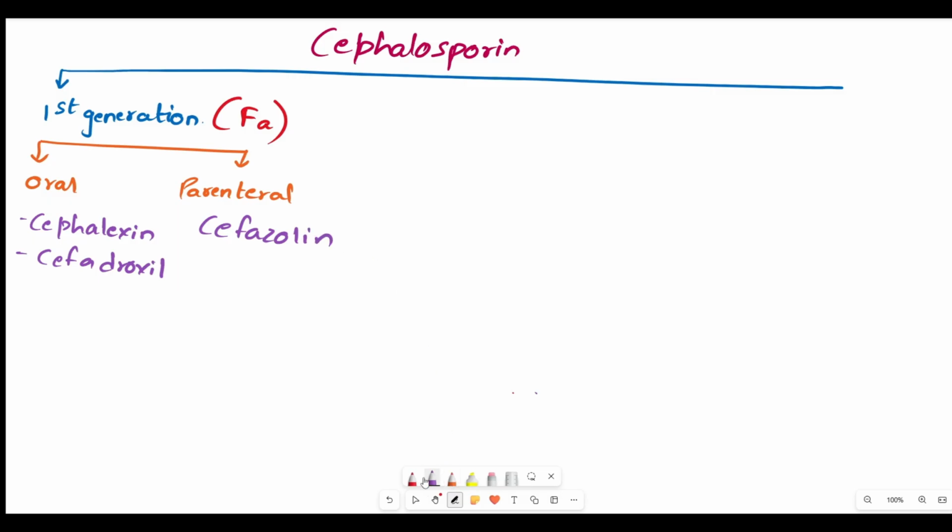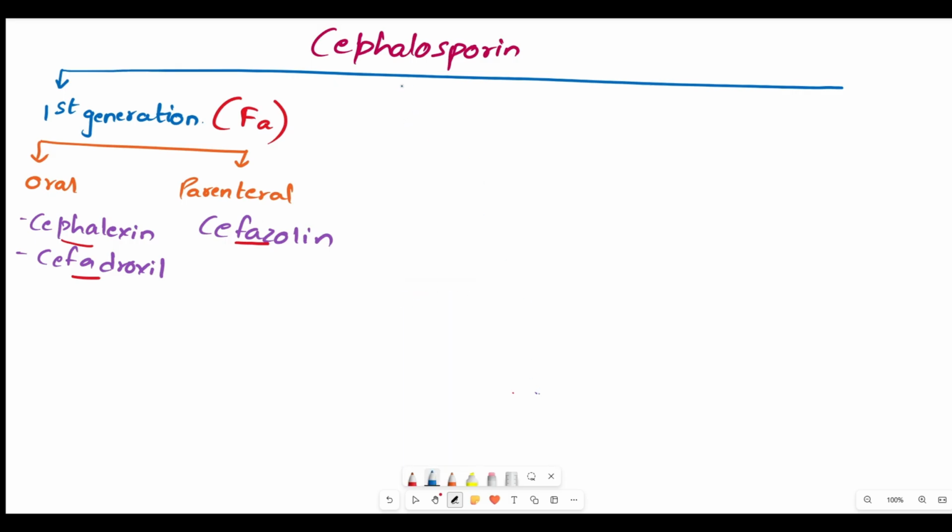If you observe these names, there is the term FA, PHA, FA. If you see any drug name having these terms, you can blindly say that it will come under the first generation. So remember, first generation means they will have FA. In the oral, it is cephalexin and cefadroxil, and in the parenterals, it is cefazolin.